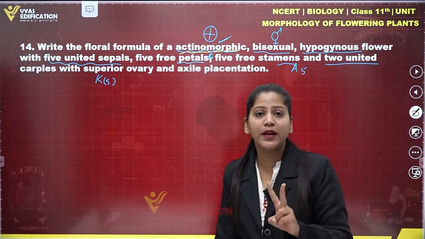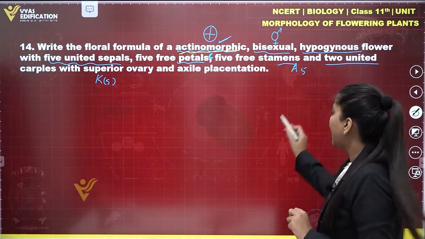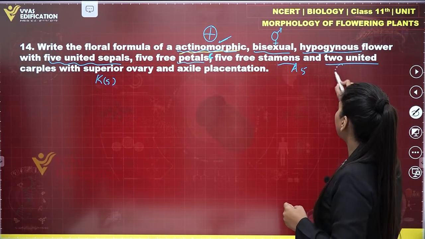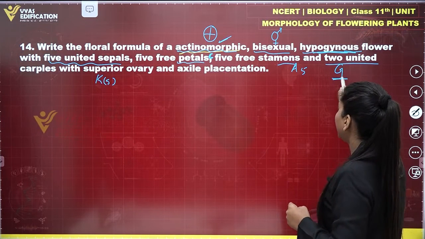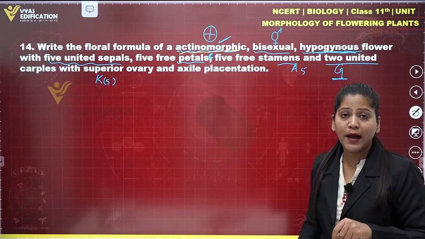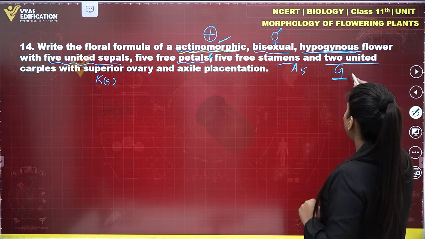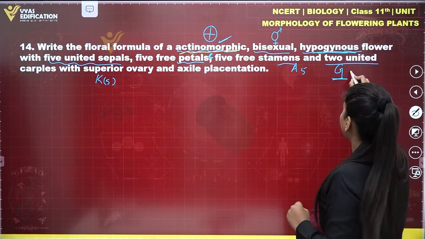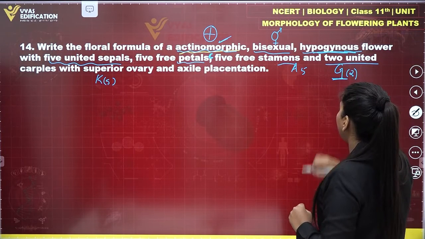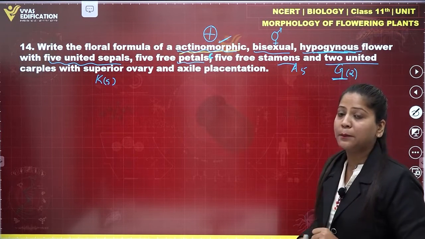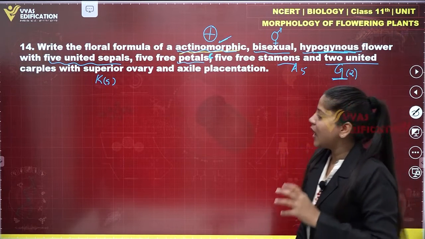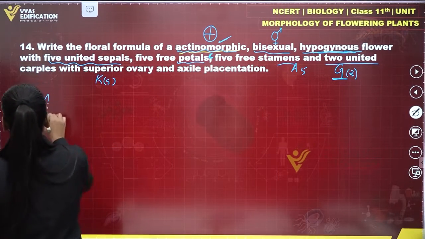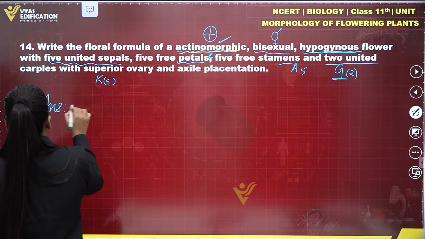That means the carpels are also denoted by G, and the G is underlined because the ovary is hypogynous. The carpels are 2 in number and are united, which is represented as 2 in bracket, along with the axile placentation. So now we are able to write the floral formula.